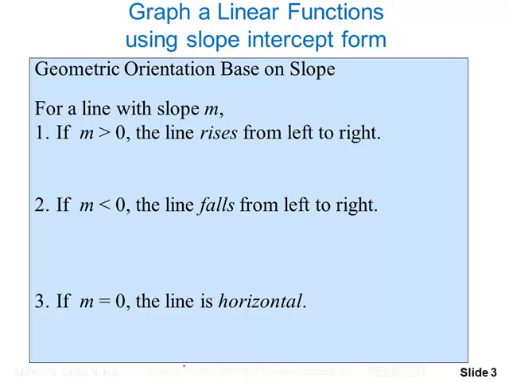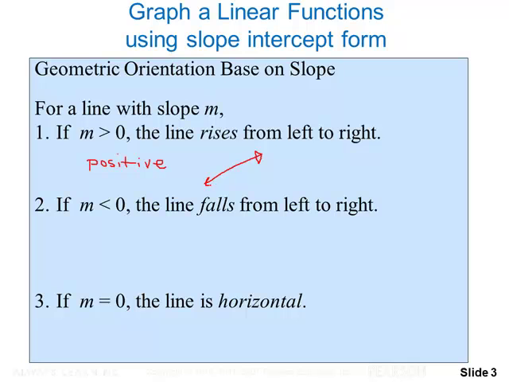Before we take a look at any examples, let's take a look at the geometric orientation of the slope. Recall that the slope of a linear function is m, which means that if the coefficient of your variable x is positive, which alludes to m being greater than 0, then your line will rise from left to right.